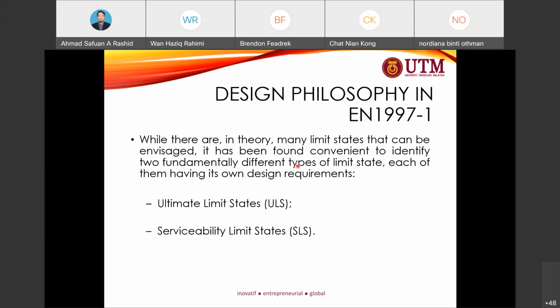So we have the ultimate limit state, ULS, and the serviceability limit state, SLS. I guess most of you have an idea what ULS and SLS are. ULS is more related to the safety or stability of the structure, while SLS is more related to deformations. At the end, it can provide comfort to the user.